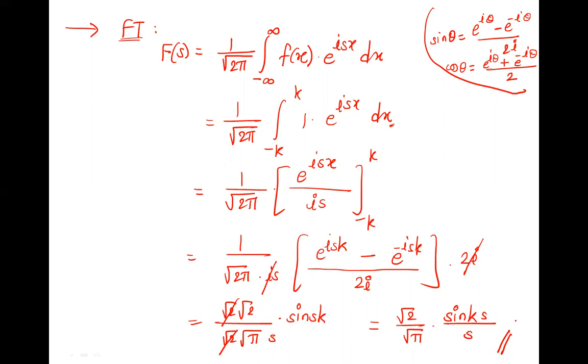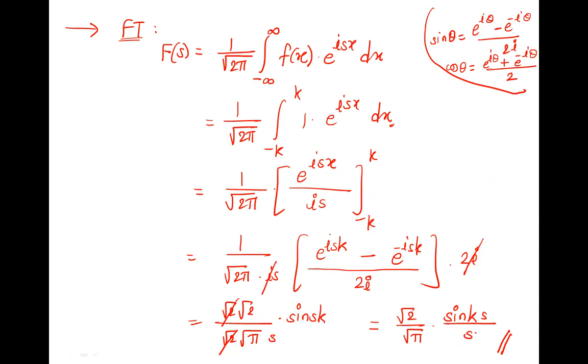But it will be defined for all s except what? This value will exist for all s except one value of s. s equal to 0, correct.